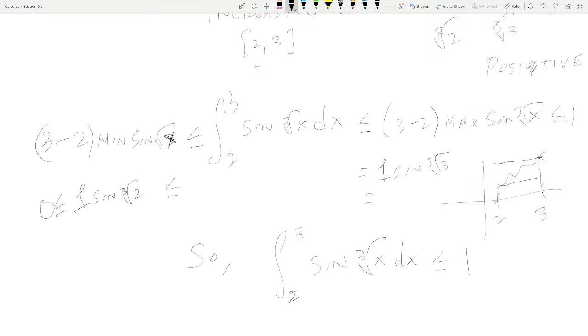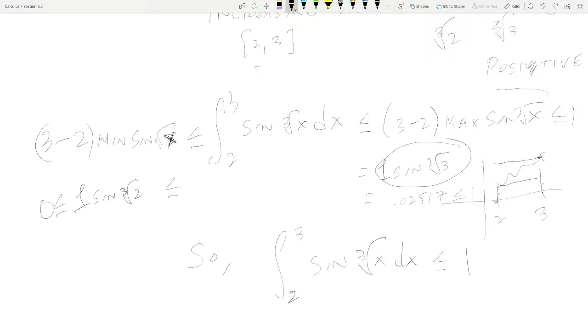Okay, first I'm going to do sine of cube root of 3. So I go 3 cube root, and then sine of that. And this part right here is 0.02517, and that's less than 1.